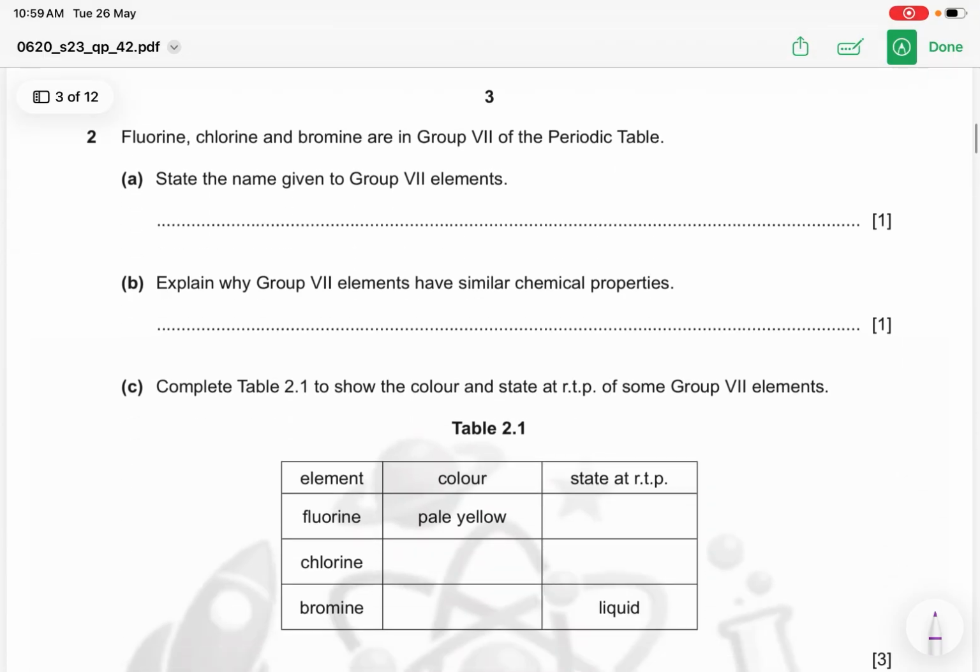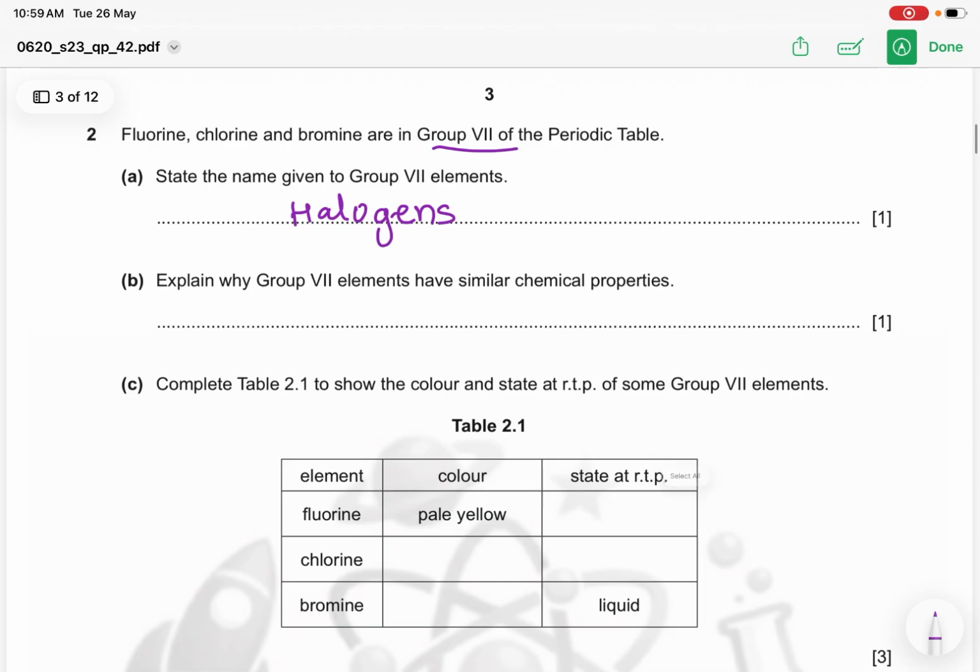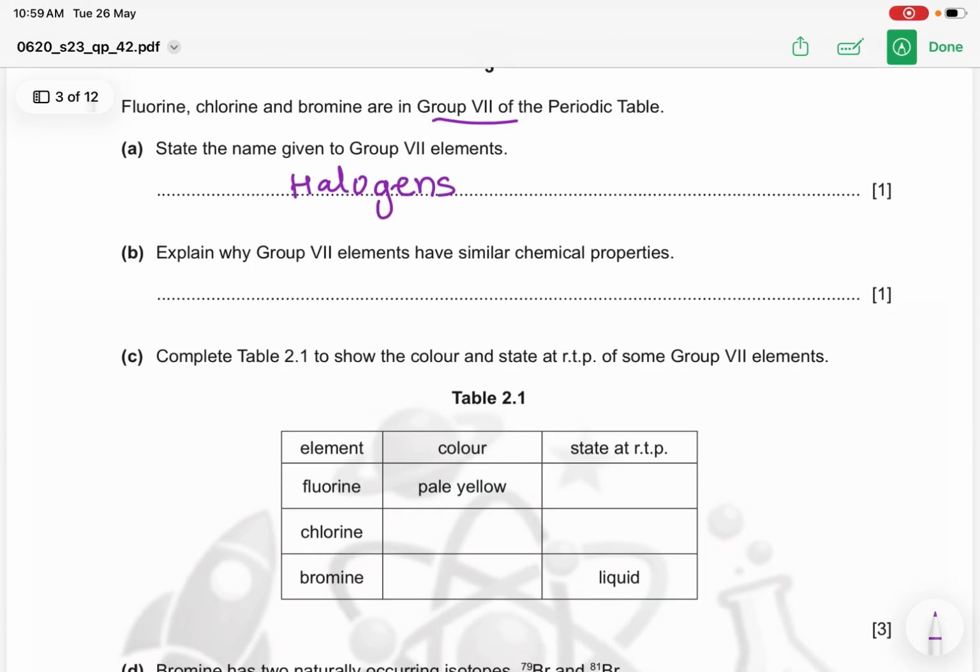Question 2. Fluorine, chlorine and bromine are in group 7 of periodic table. State the name given to group 7 elements. So we know group 7 is named as halogens. B. Explain why group 7 elements have similar chemical properties.